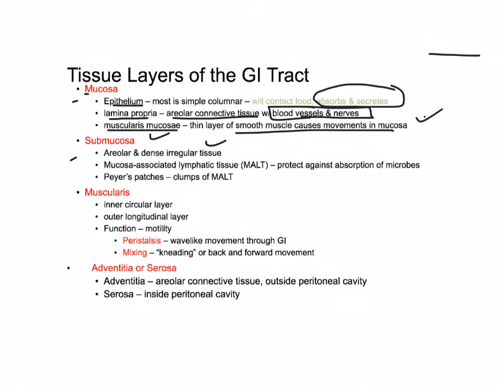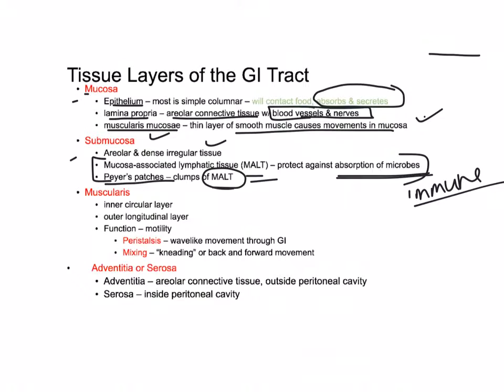What's special about it is it has some immune function. It's got cells in there called mucosa-associated lymphatic tissue, or MALT. It has clumps of MALT cells, which are called Peyer's patches. The function of these is to protect your body and your blood from microbes getting in through your food, so they protect against the absorption of microbes.